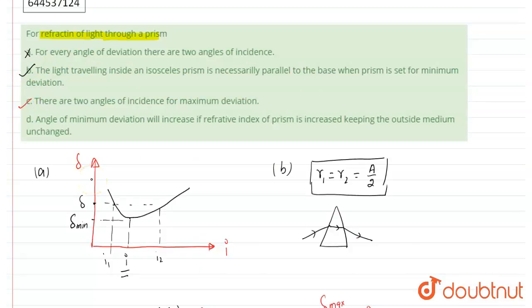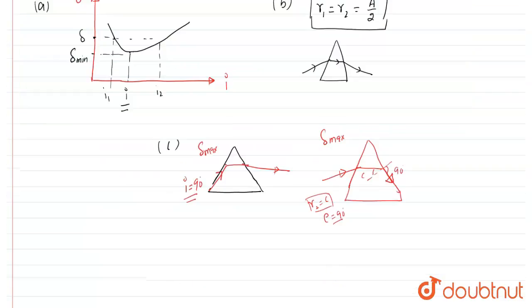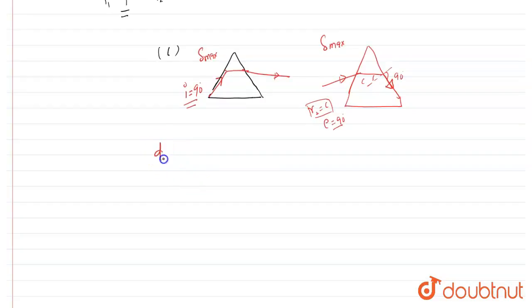Now let's go through option D. The angle of minimum deviation will increase if the refractive index of the prism is increased, keeping the outside medium unchanged. As we know, the deviation angle for a prism is delta equal to A times (mu minus 1).